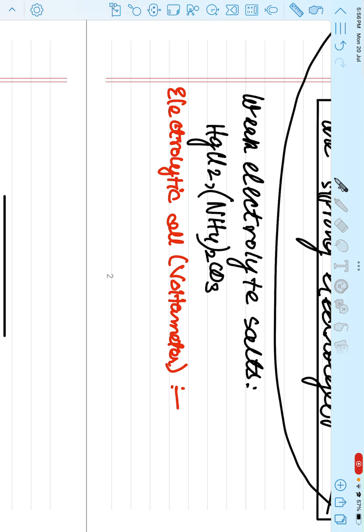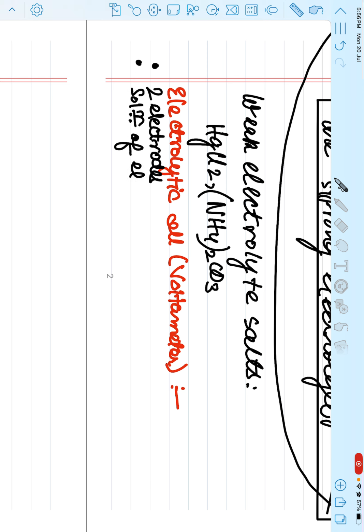Basically, a non-conducting vessel containing two electrodes, with a solution of electrolytes, used to bring about a chemical reaction. So it's a non-conducting vessel of two electrodes immersed in a solution of electrolytes used to bring about a reaction.